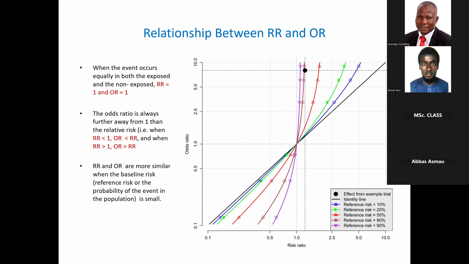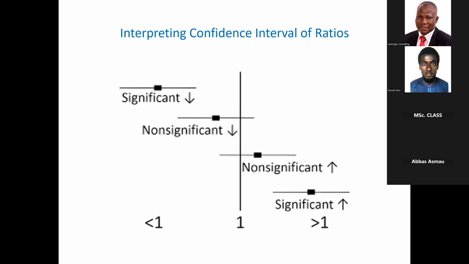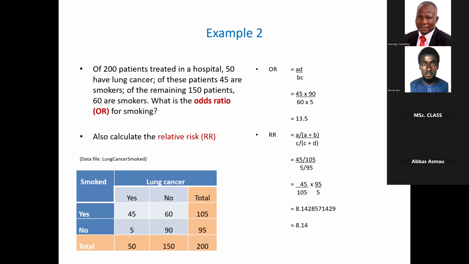That is, if you look at those tables, once the proportion above and below between the exposed and non-exposed is the same, the relative risk will be 1, and the odds ratio will be 1. I don't know if you understand that.